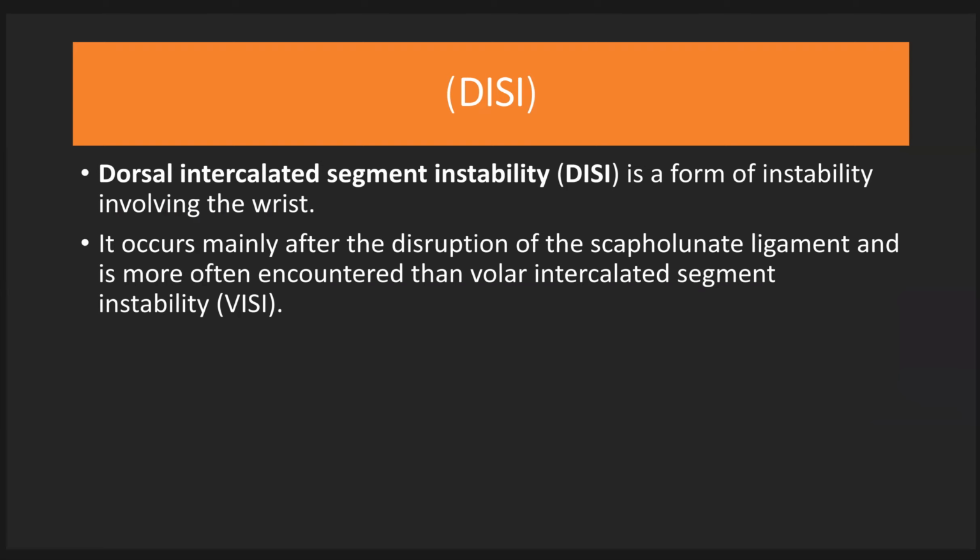We have the bony DISI, related to scaphoid fracture, and distal radius fracture, which is called compensatory DISI, and we have the ligamentous DISI, due to scapholunate ligament dissociation. It occurs after disruption of the scapholunate ligament and is more often encountered than the volar intercalated segment instability, VISI.